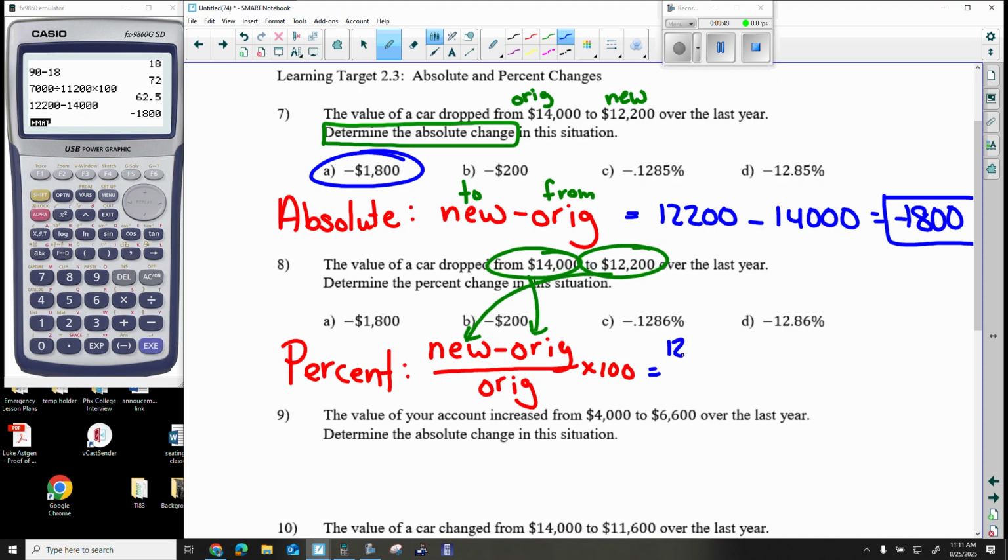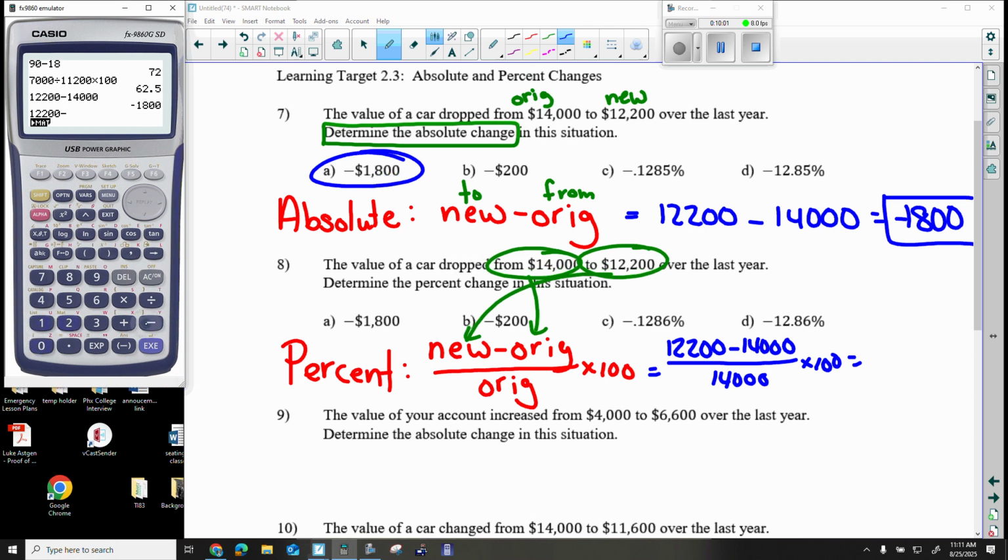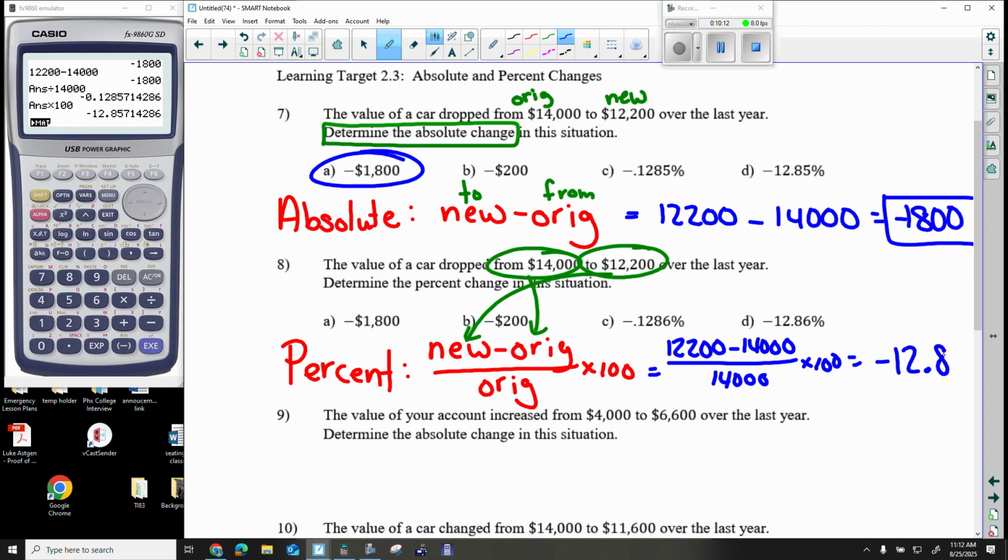So this is the new minus the original divided by the original times 100. So this went down 12.86%.